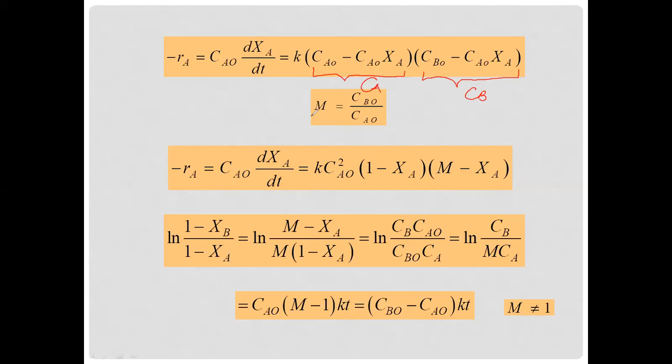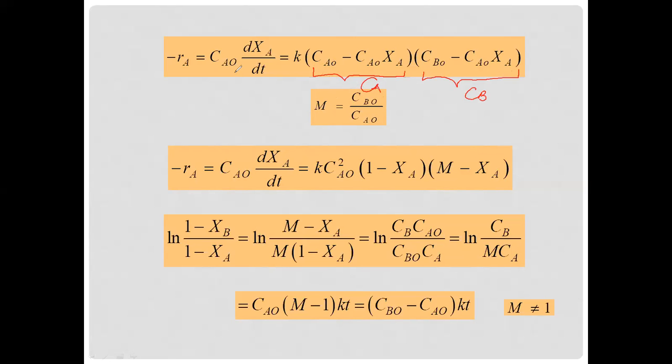Now, this one, M equal to CBO over CAO, is the ratio of the initial concentration of B and A. And that's the representation of Levenspiel in our book, the major reference book. You can have any letters that you want here, but as long as you understand that that particular letter should represent the ratio of the initial concentration of B to A.